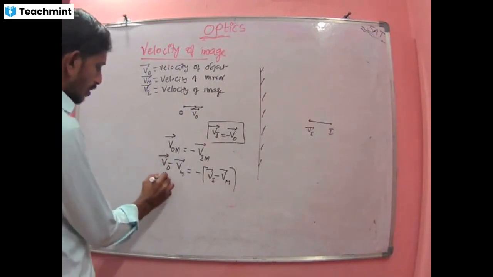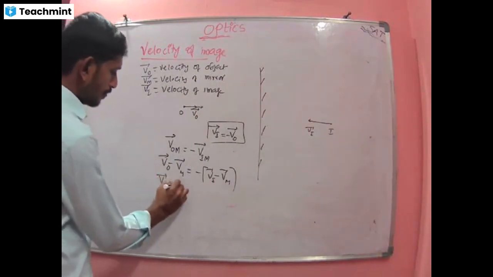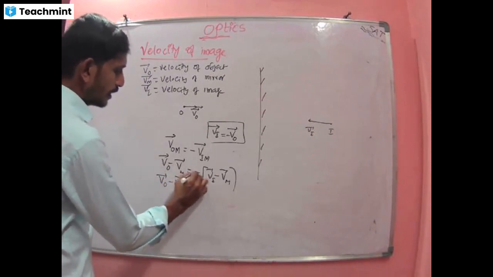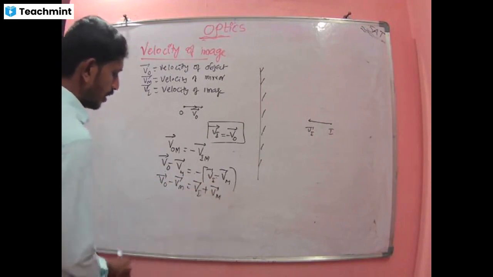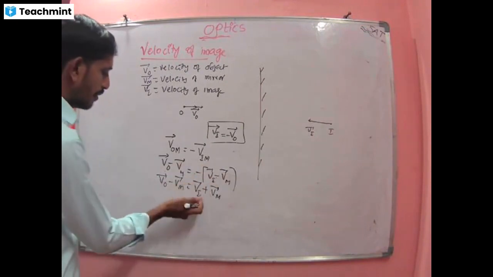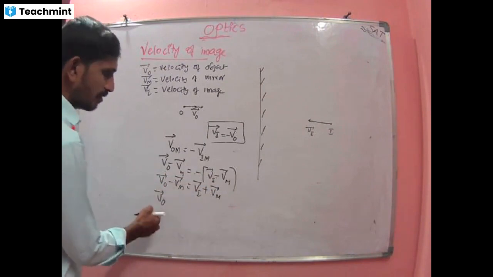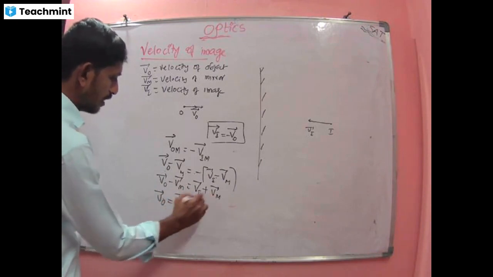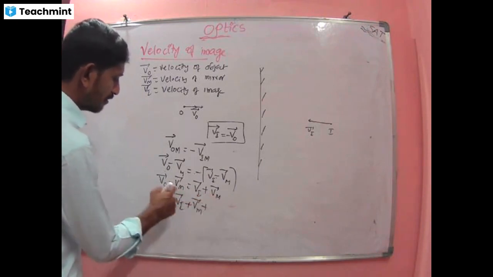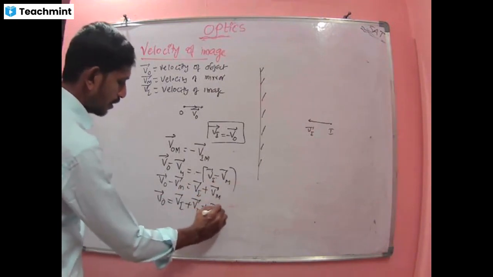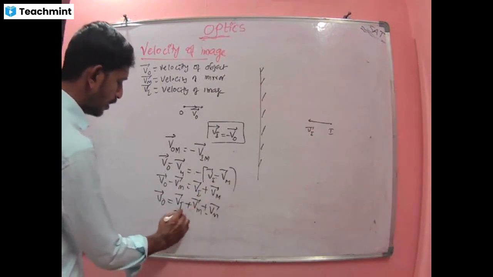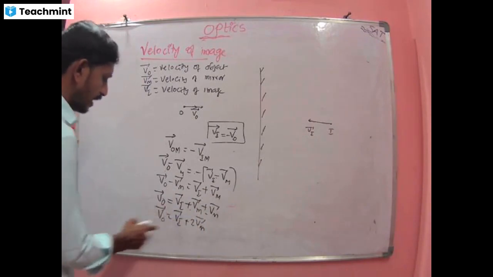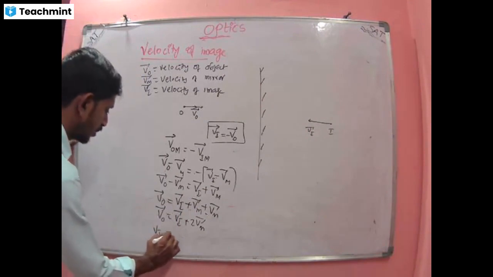Next, VO bar minus VM bar equals minus VI bar plus VM bar. Bring minus VM bar to this side, plus VM bar, so it becomes 2VM bar. So the velocity of the object is equal to the velocity of the image plus 2VM.